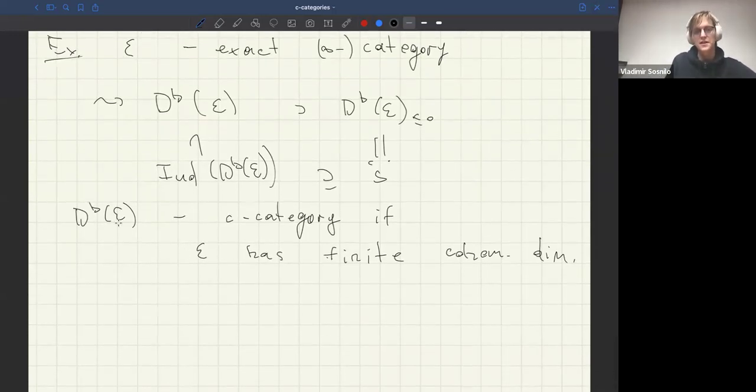This means that the mapping spectra inside D^b(E) between objects of E are going to be minus K connective for some K.